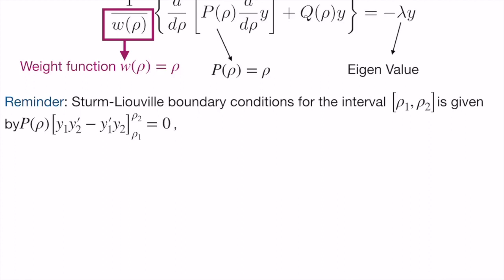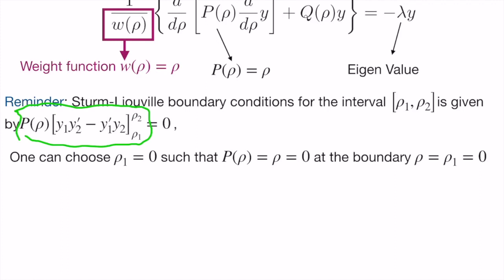Just to remind you about the Sturm-Liouville boundary problem, let's say rho 1 and rho 2 bound a given region. To satisfy the Sturm-Liouville boundary problem, the following entity has to be 0: p of rho times (y1 y2 prime minus y2 y1 prime), evaluated at the boundary of our domain.